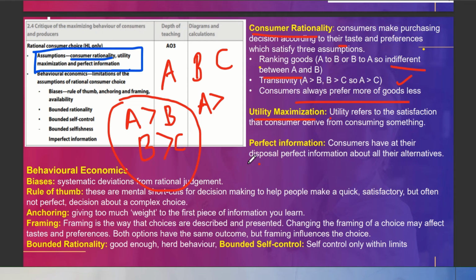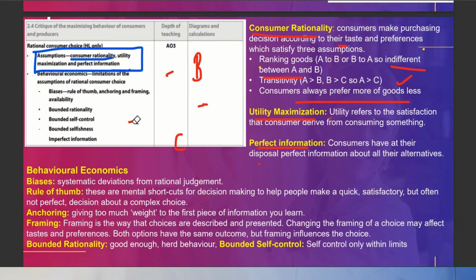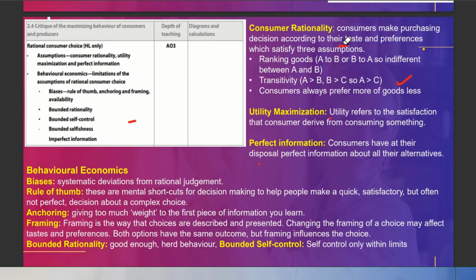And perfect information: from their perspective, they have complete information about all their alternatives, about the goods. These are the basic assumptions. But there are certain limitations of rational consumers too.